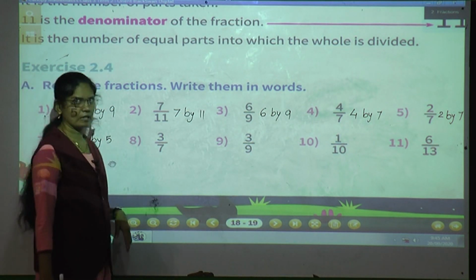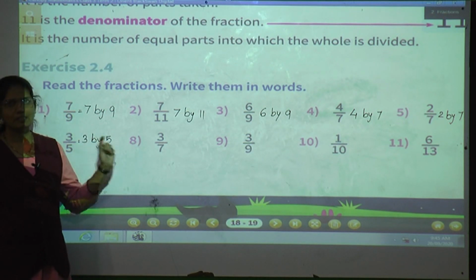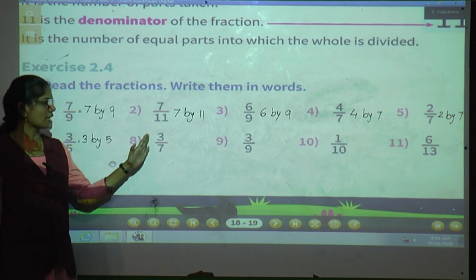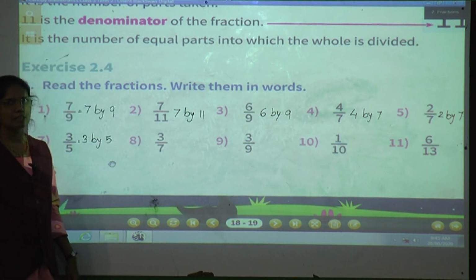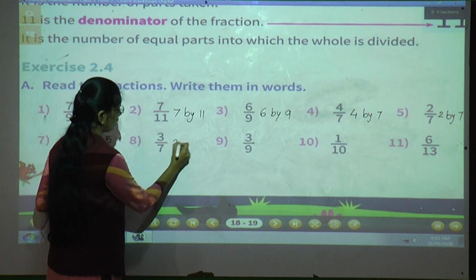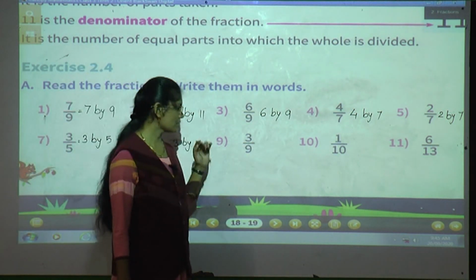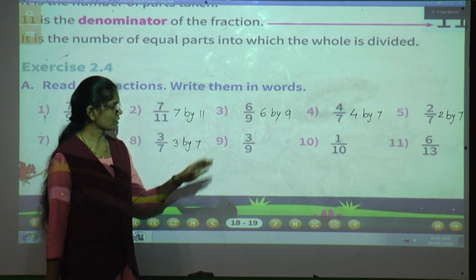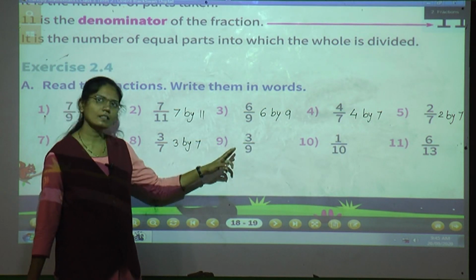Now tell me this fraction. What is the denominator? 7 is the denominator and 3 is the numerator. So read this fraction. 3 by 7. Correct. Now see this next fraction. How will you read? 3 by 9.